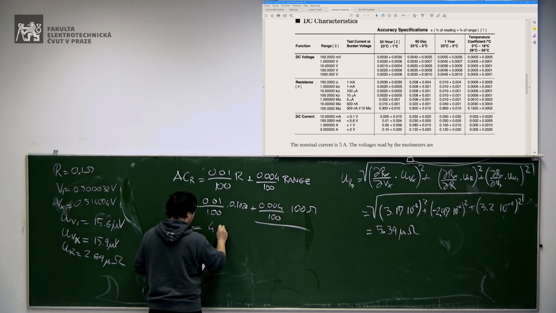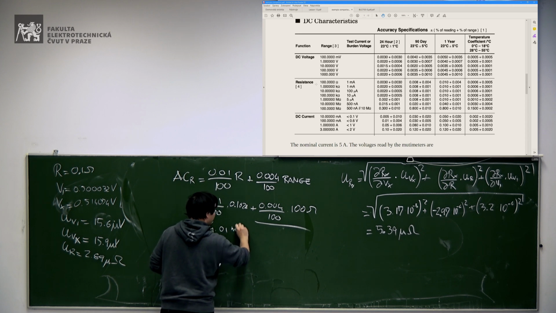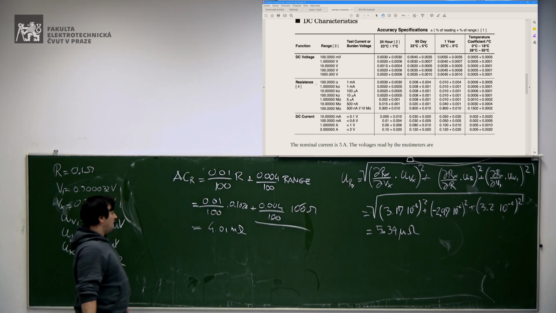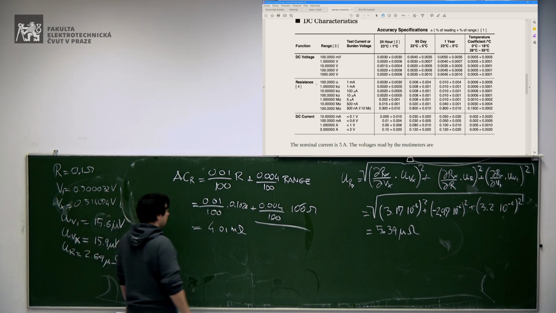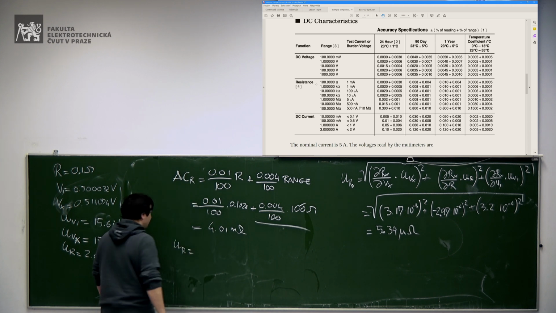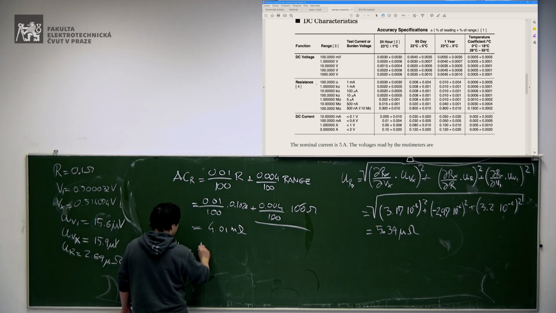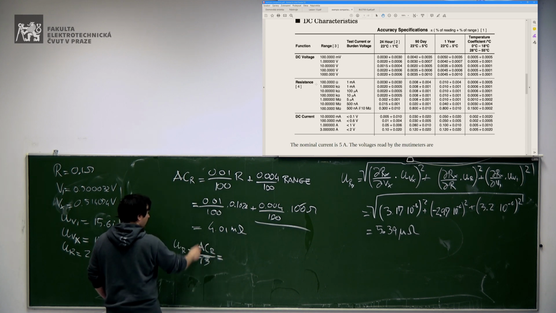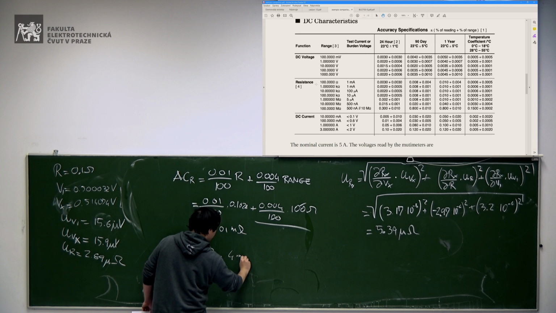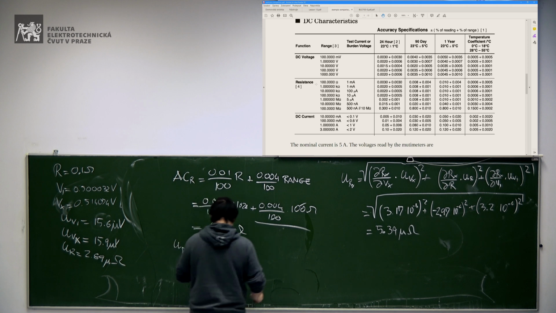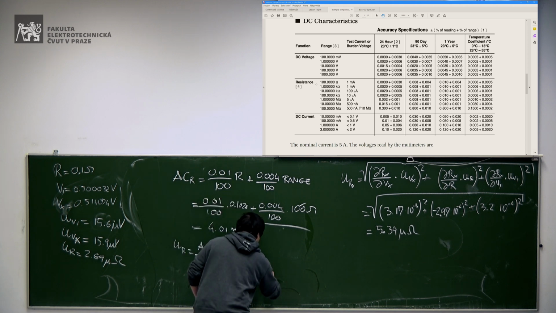It will be 4.01 milliohms, which means that the uncertainty, again, if you assume uniform distribution, will be the accuracy divided by the square root of 3, so about 4 milliohms divided by the square root of 3 gives about 2.3 milliohms, okay?